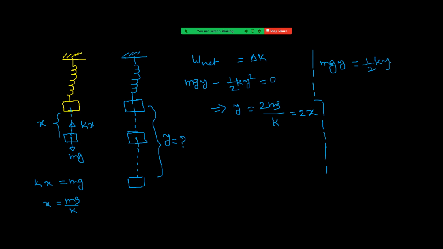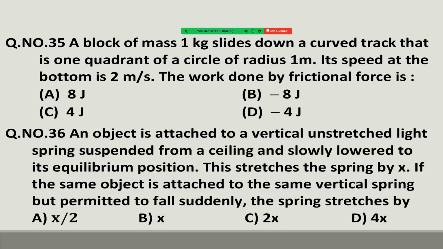That is half ky square, without writing work energy theorem. Then from here once again y equal to 2mg by k. Either we can solve in this way or we can solve like this also. Okay. Let us see next one.